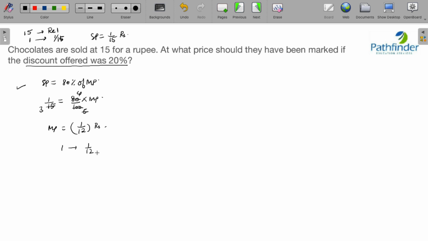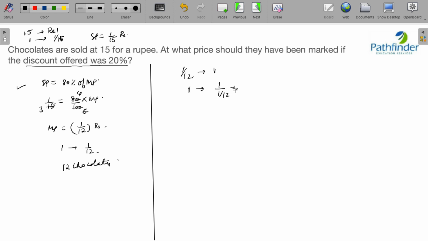So for one chocolate, you spend 1 by 12 rupees. So which means in 1 rupee, how many chocolates will you get? You will get 12 chocolates for 1 rupee. Now those of you who are not able to calculate how many chocolates for a rupee, you need to understand that for 1 by 12 rupees, you get 1 chocolate.